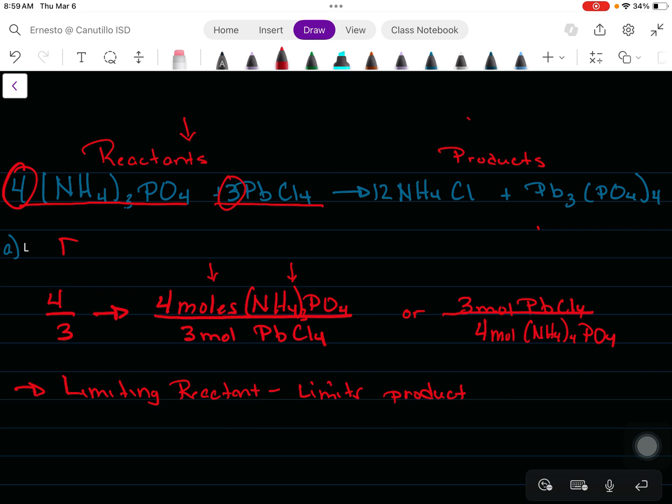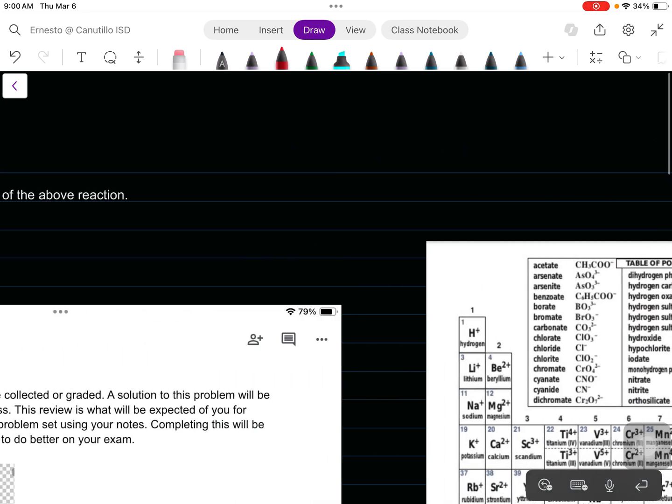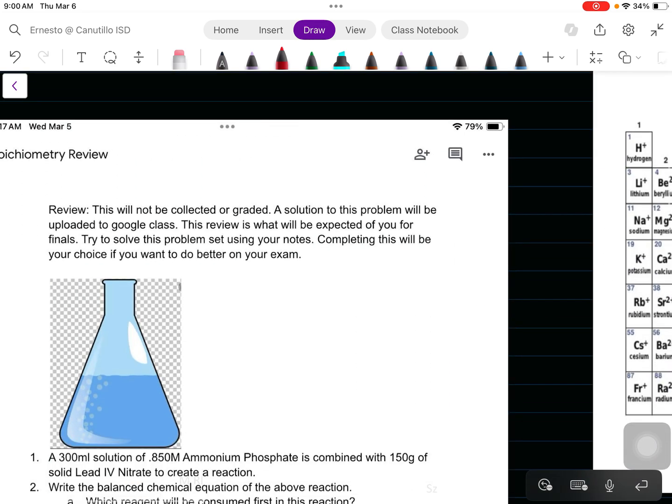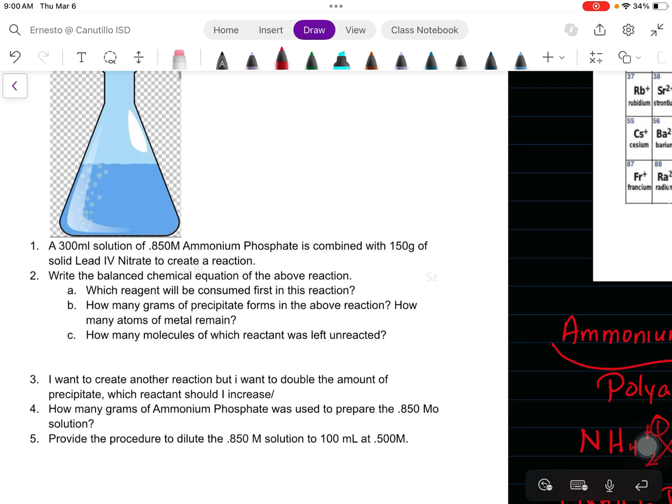Now, we're going to use the mole ratio and we're going to do the calculation. We got to take a couple of steps first, though. We got that out of the way. Let's go take a look at the original prompt. All right, so it says that we have 0.85 molar at 300 mL, and that's combined with 150 grams of lead(IV) nitrate.